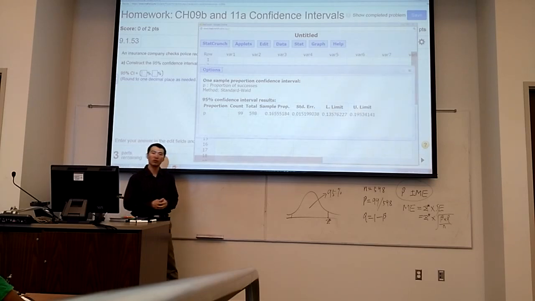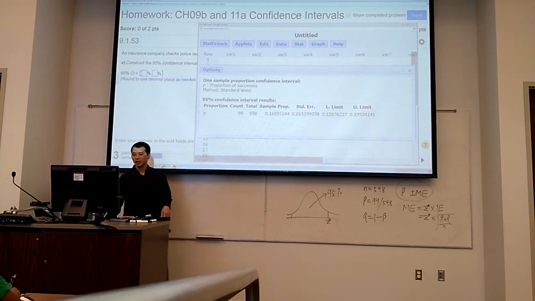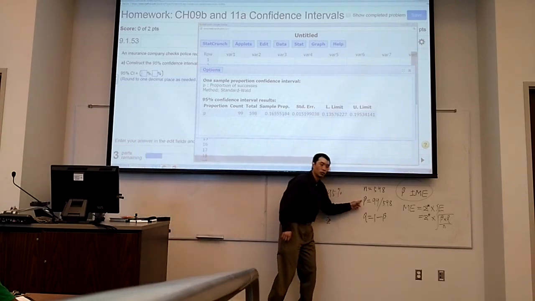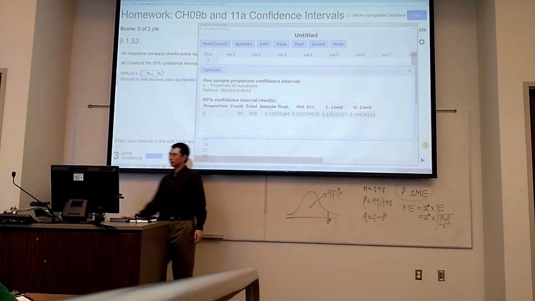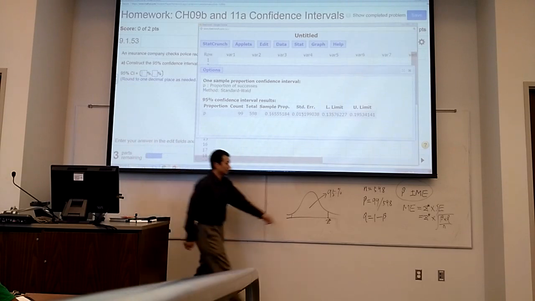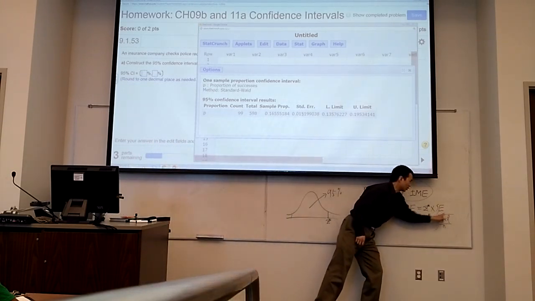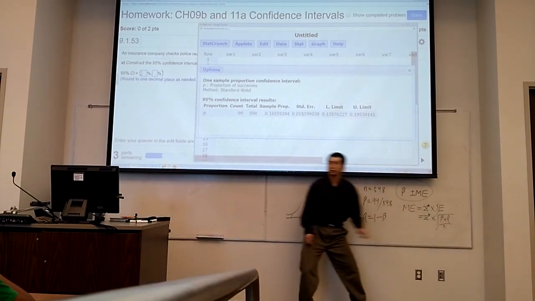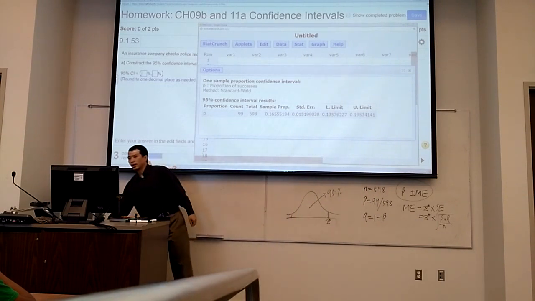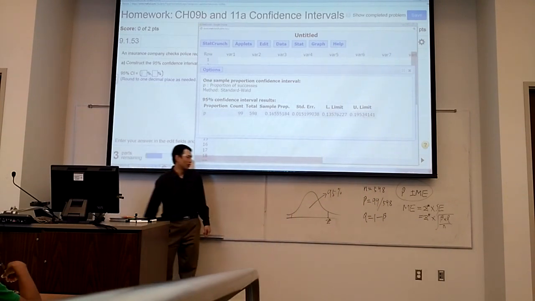So this is the output window you will get. You have the sample proportion, which is our p-hat. Standard error, which is this one. And lower limit and upper limit.